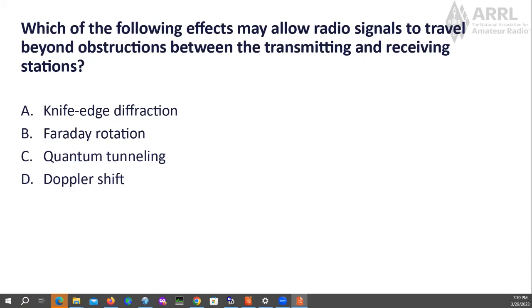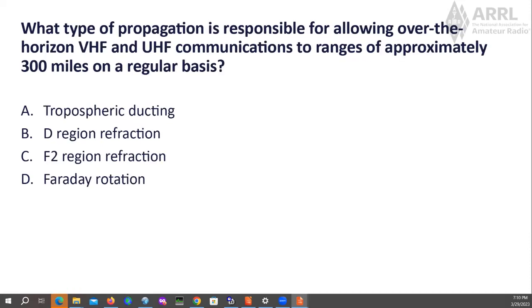Which of the following effects may allow radio signals to travel beyond obstructions between the transmitting and receiving stations? The answer is A. Knife edge diffraction. I think Harry gets that across the Blue Ridge. What type of propagation is responsible for allowing over-the-horizon VHF and UHF communications to ranges of approximately 300 miles?